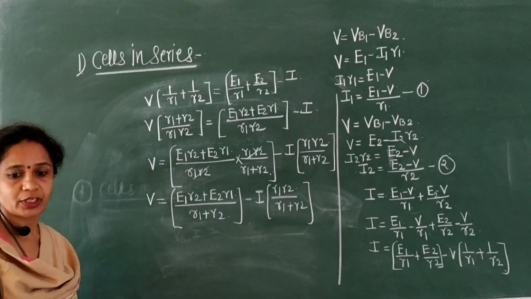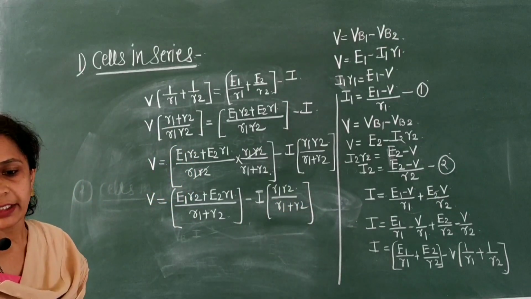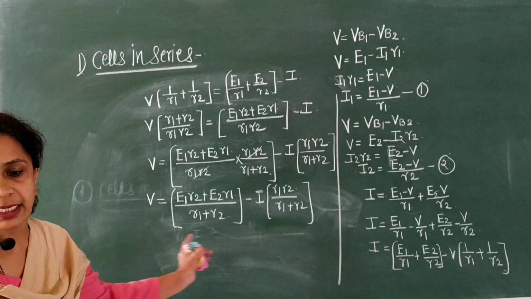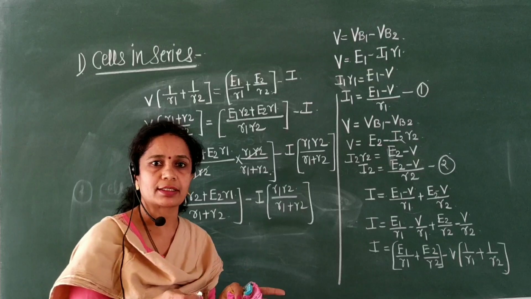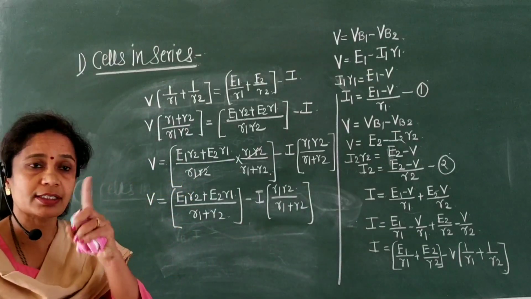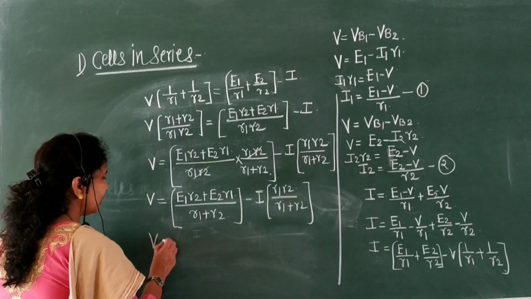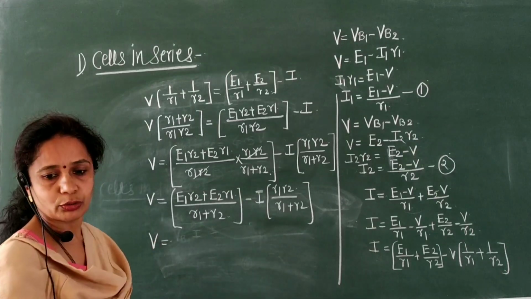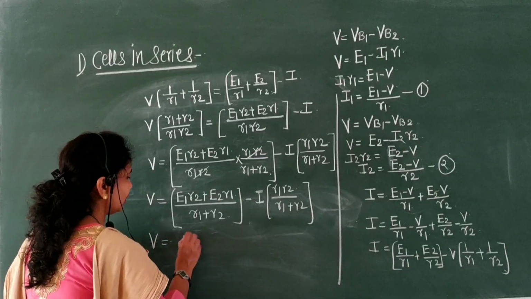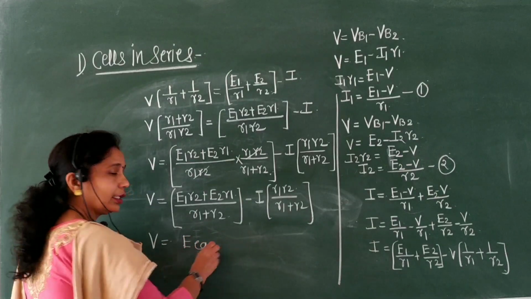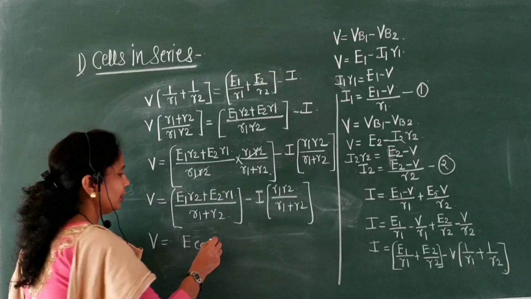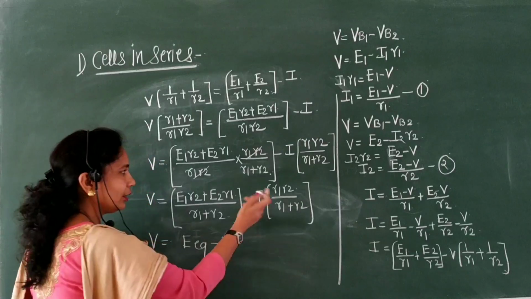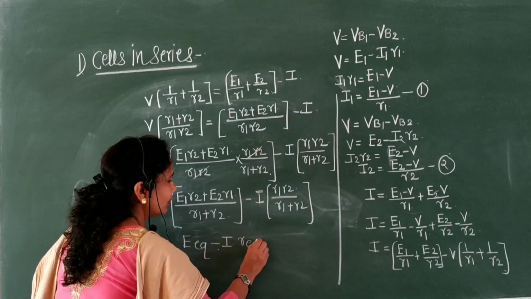You get these equations. Okay, and if we replace the cells by a single cell, here we consider the two cells. If there is only one single cell, then it can be written as V is equal to E equivalent, meaning total EMF, minus I into R equivalent.